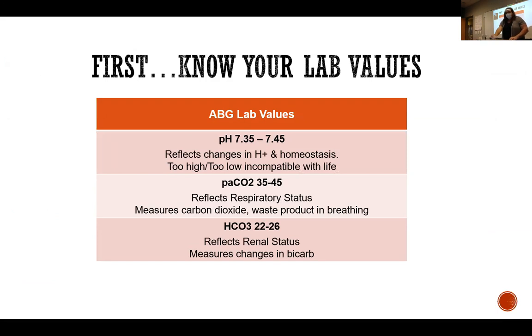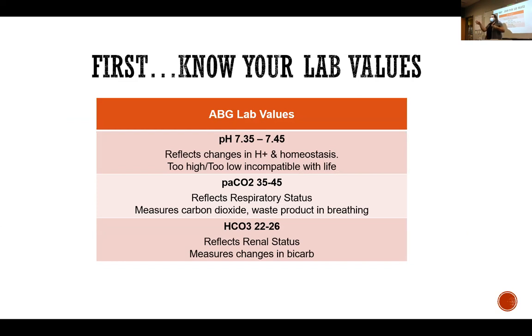Okay, so the first thing that you need to know, we're going to go step by step on how to do these ABG interpretations. ABG means arterial blood gas. It's a test that we take from the artery that lets us know more about the pH. What do we know about the pH of the body? Fluid balance, yeah. Part of it is the fluid balance, the acid, the hydrogen balance.